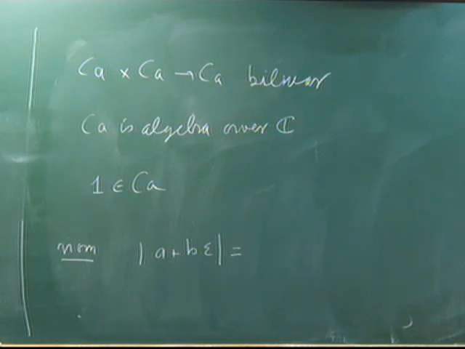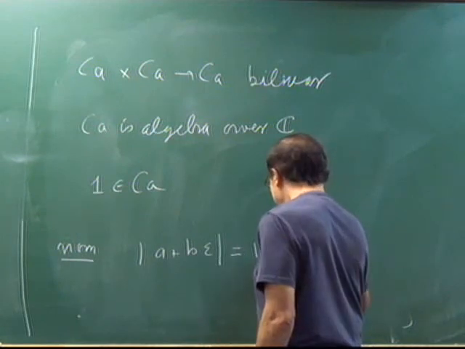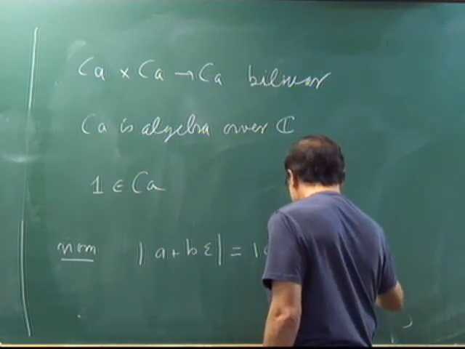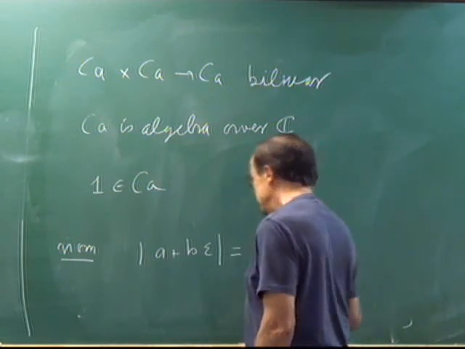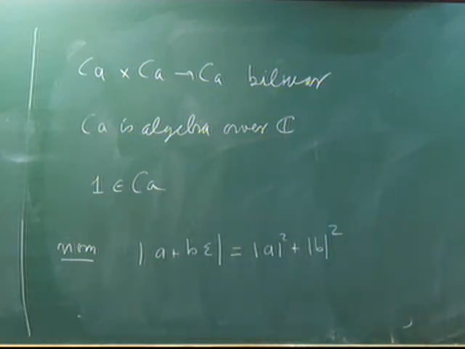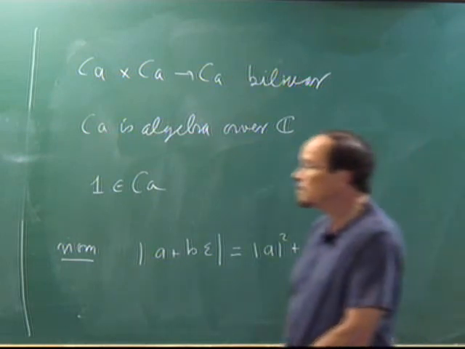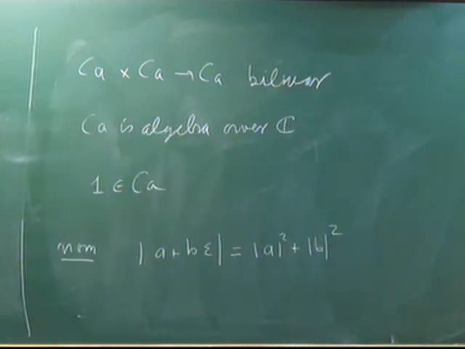So I'd like it to be norm A squared plus norm B squared. Does epsilon commute with the quaternion numbers? No, it doesn't.